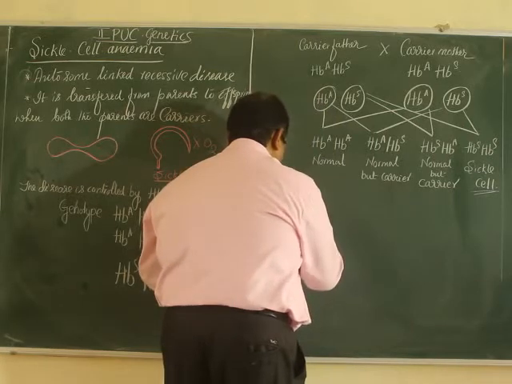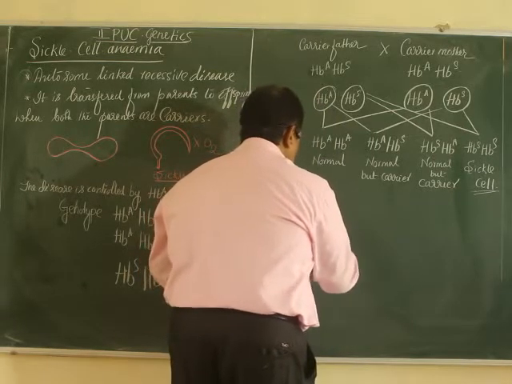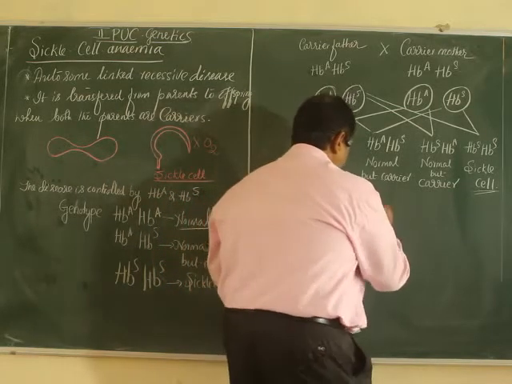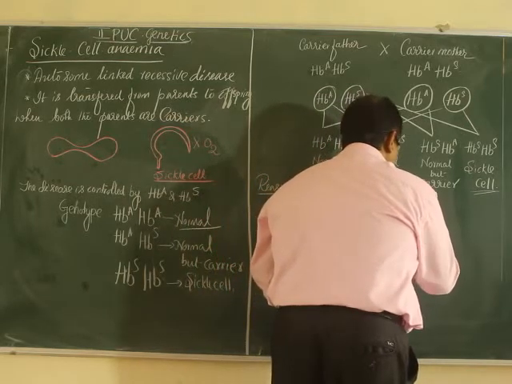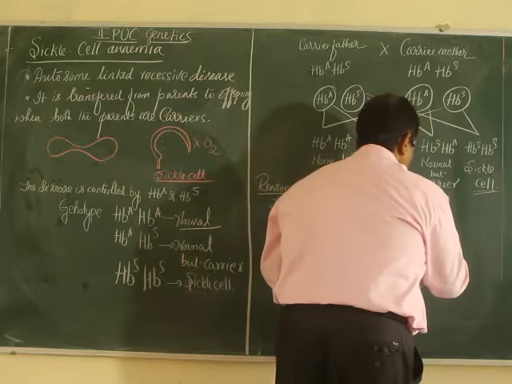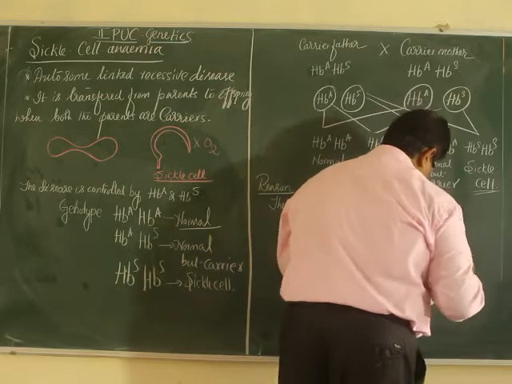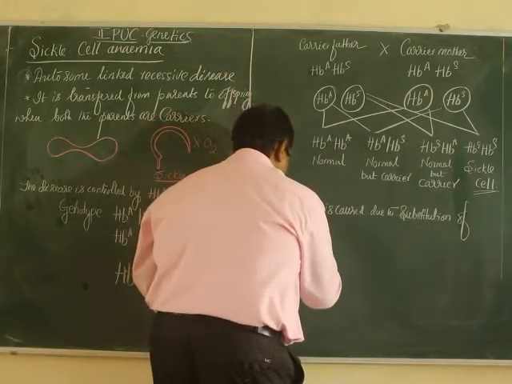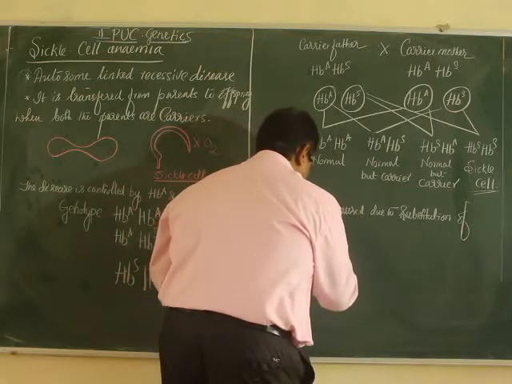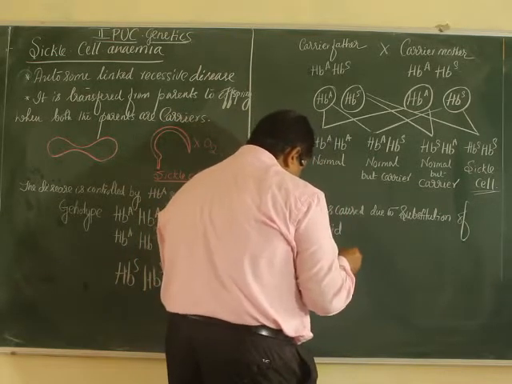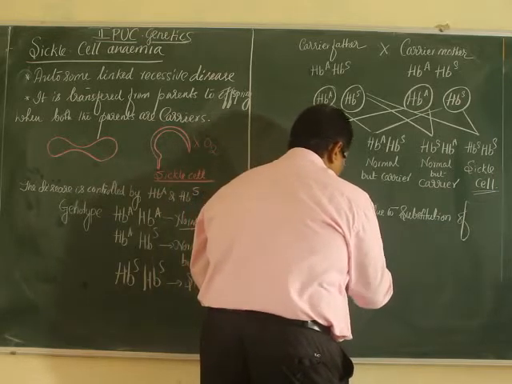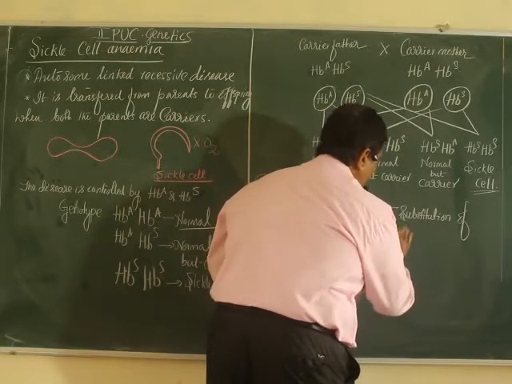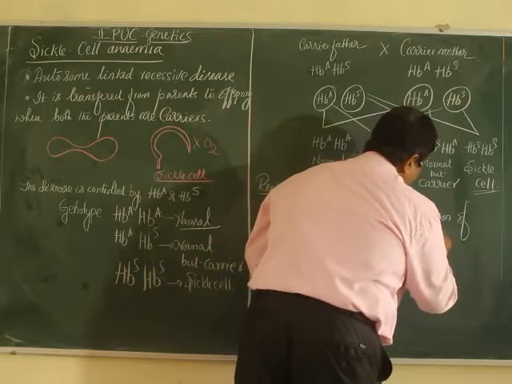The disease is caused due to substitution of glutamic acid by valine. I will write the full form, Valine, Val.